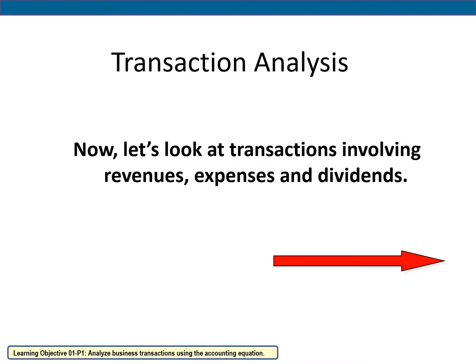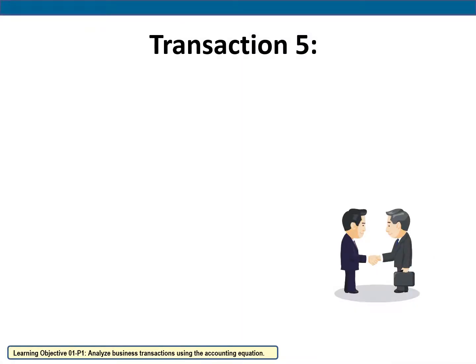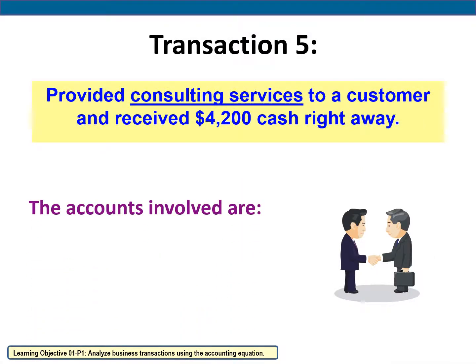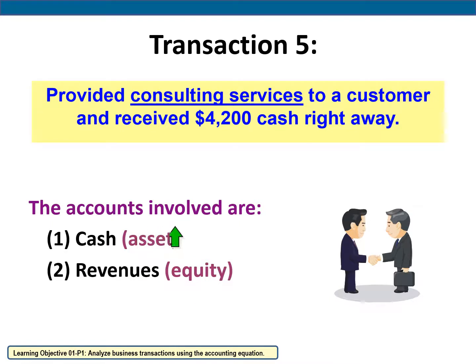Now if we look at some transactions that involve revenues, expenses, and dividends, transaction 5 says that we provided consulting services to a customer and we received $4,200 of cash right away. So the two accounts that are affected here are cash, which is going up because the customer paid us, and revenues are also increasing.